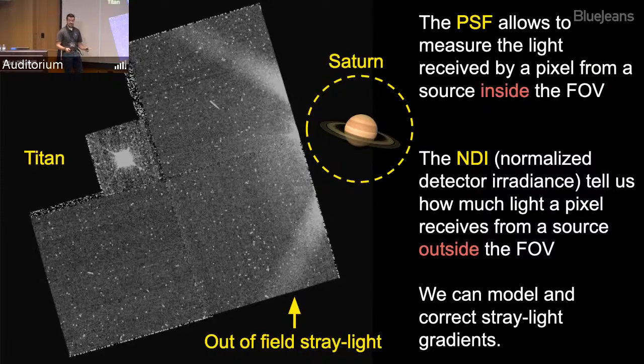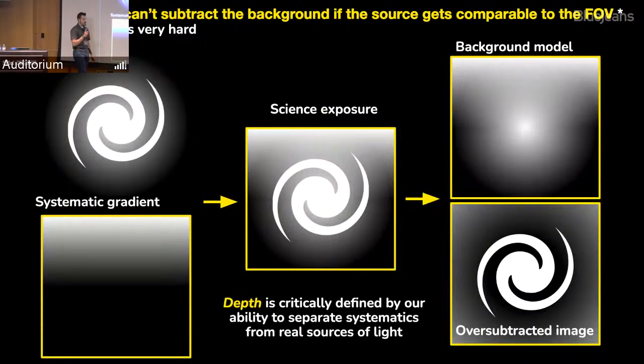If you know this function, which is a 435 parameter function depending on the angle and the wavelength and everything, in theory you should be able to model and correct the stray light gradients, including ghosts, everything. So we need to do that. Now, why do we need to do that? Because this is all for correcting the sky background.